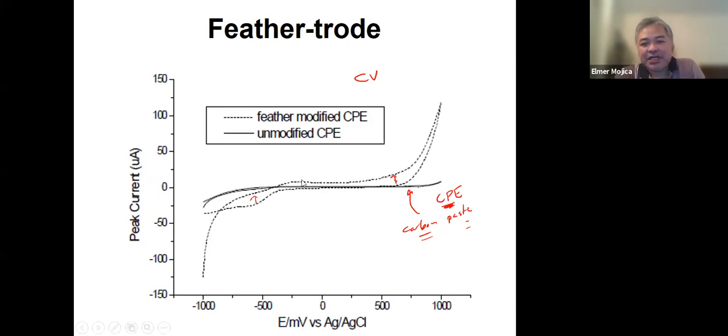So the difference of this with this one is something to do with the presence of the feather. Ano kaya yung functional group na meron tayo sa feather na maaring mag-bind sa metal? Anyone? What does feather has? I think it's associated with the protein that is in the hair. Okay, so the presence of this what we call keratin.